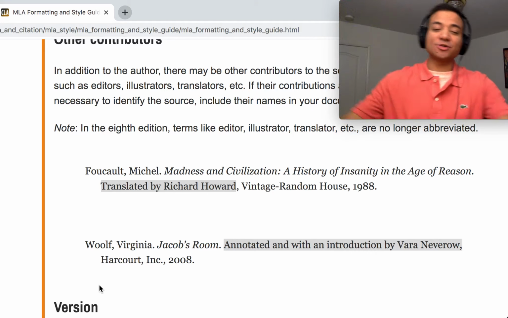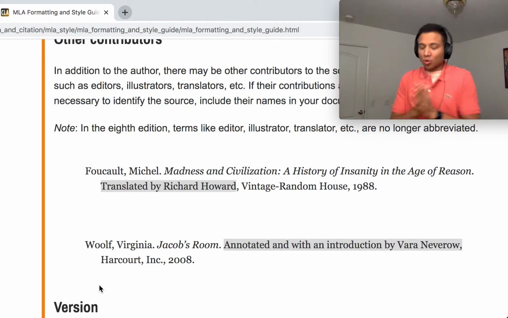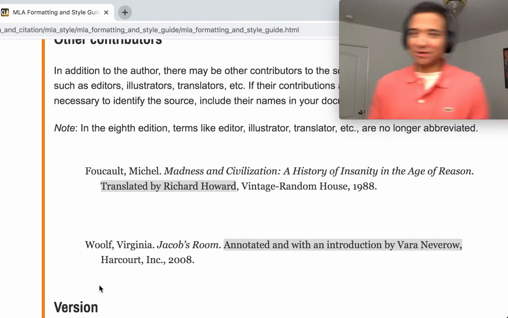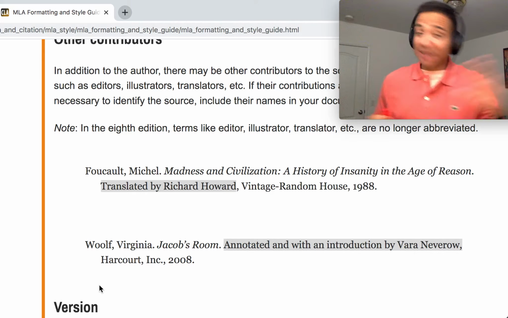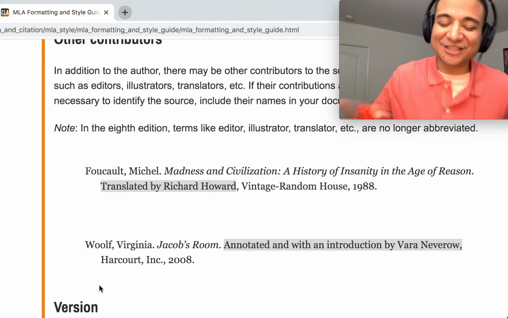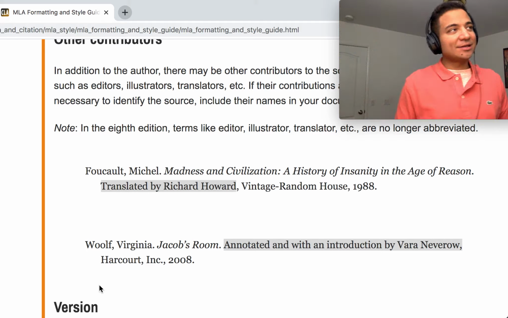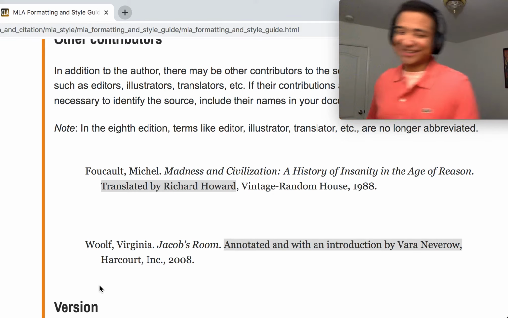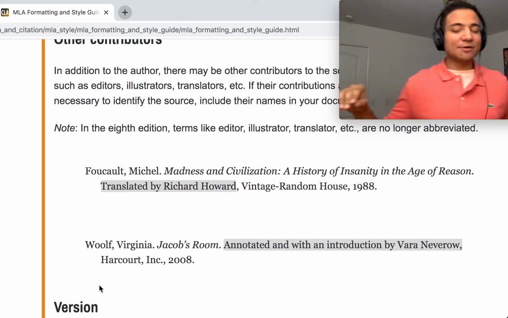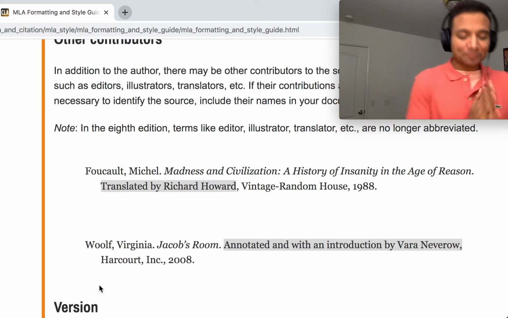Other contributors. What does it mean to be an other contributor? What constitutes that? Someone who helps, like editing. Let's say you write a children's book, and your friend helps you by illustrating. So your friend is considered an other contributor because they are the illustrator, right?